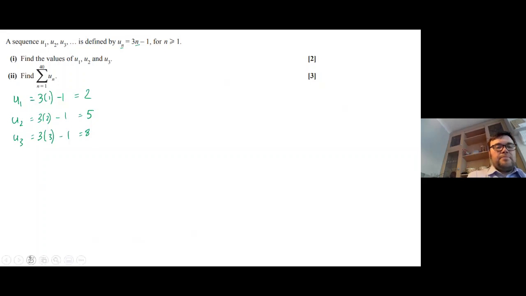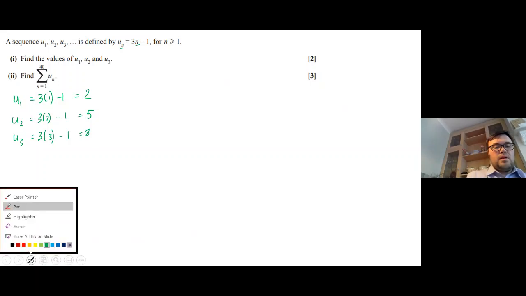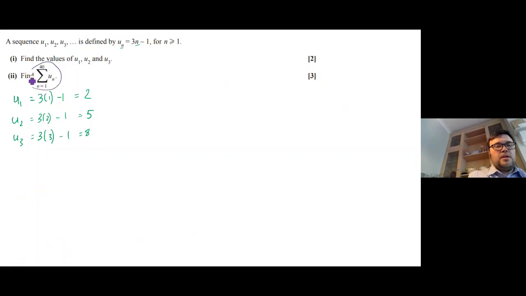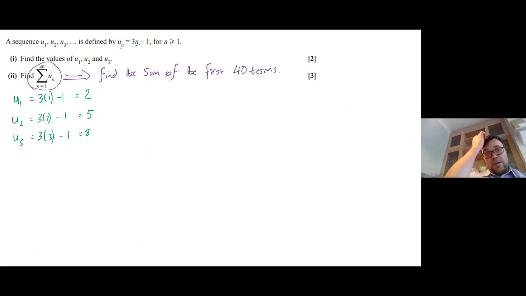So basically, this here means find the sum of the first 40 terms. Okay, that's what that means. This bit here stands for where it begins. This is where it begins, and this is the term number which it ends on.